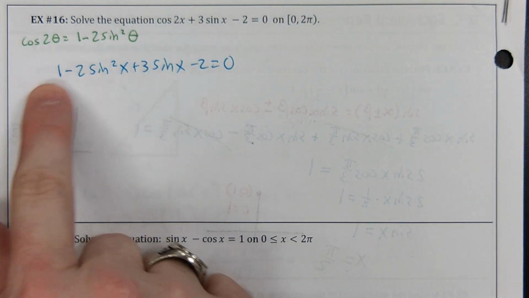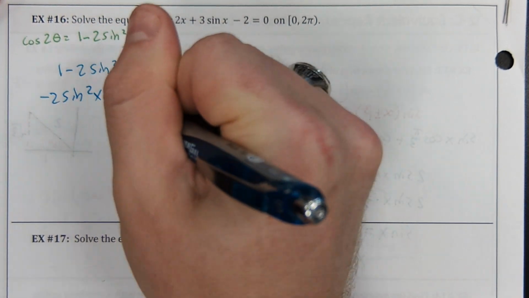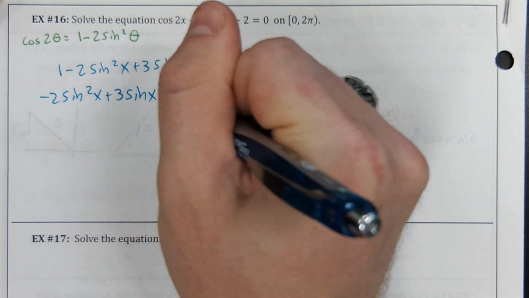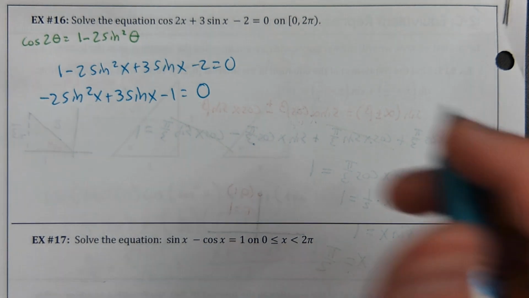Combine like terms, the 1 and the minus 2. It kind of bothers me when my polynomials have a leading coefficient that's negative. So if you just divide out a -1, or multiply everything by -1, you'll get this.